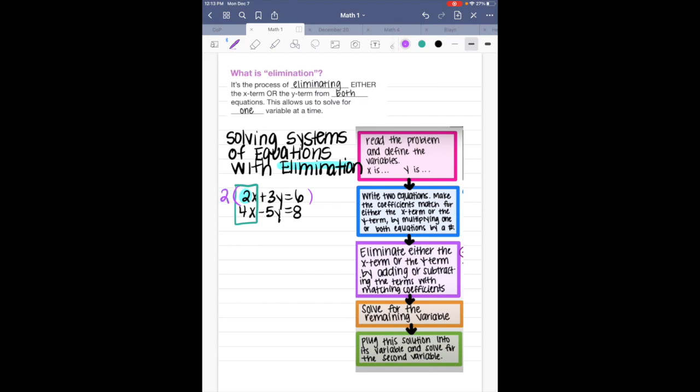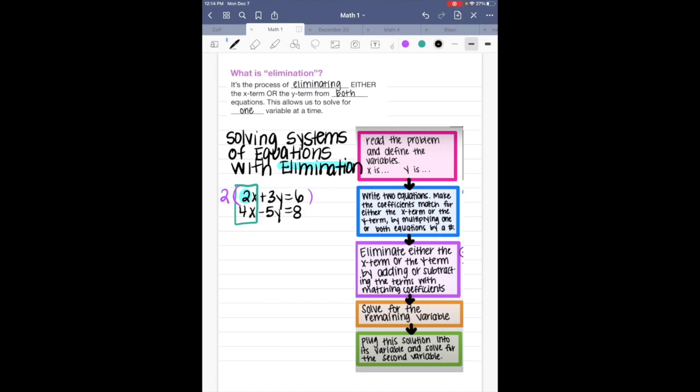So you're going to figure out which variable is the best one to make the coefficients match. By doing that, you're going to eliminate that x variable or your y variable, adding or subtracting. And then you're going to solve for the remaining variable. Once you solve for that remaining variable, you can use it and plug it back into the original.